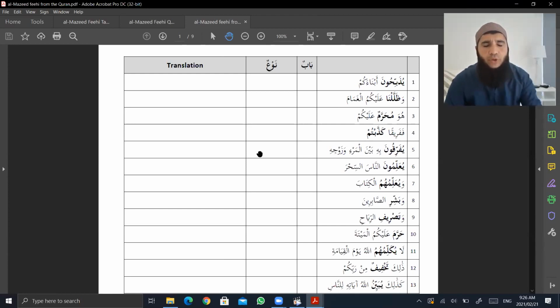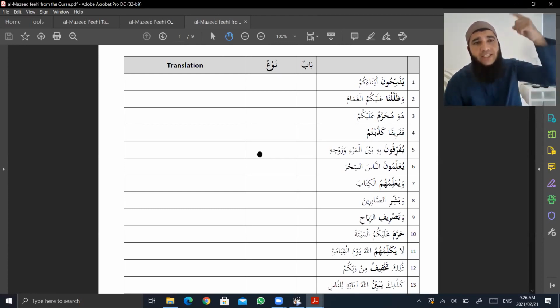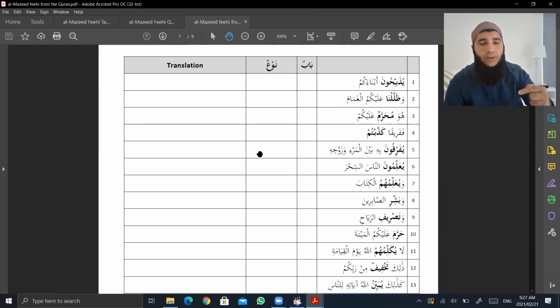If I were to identify this word in the scale, I would go ذَبَّحَ يُذَبِّحُ. The first word in its column would be يُذَبِّحُ, and then I go down: يُذَبِّحُ يُذَبِّحُونَ.